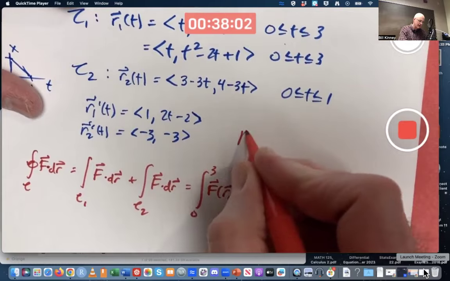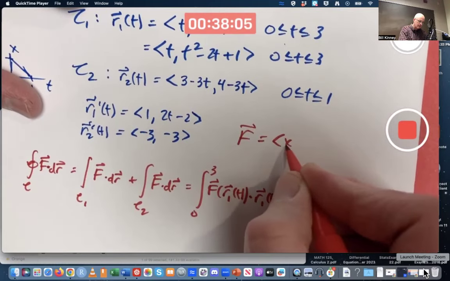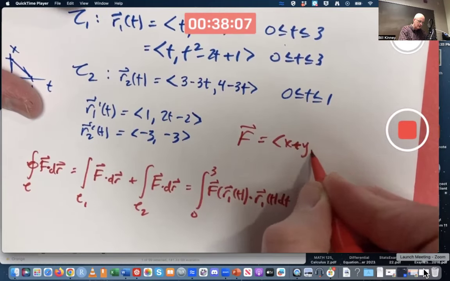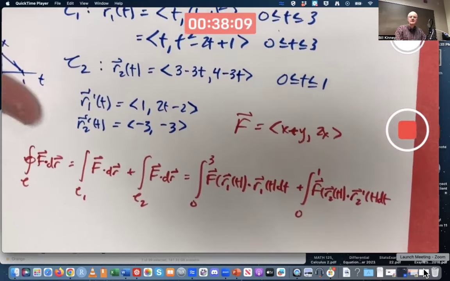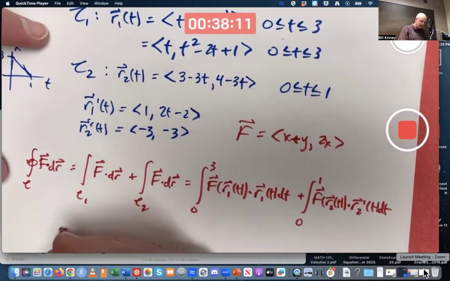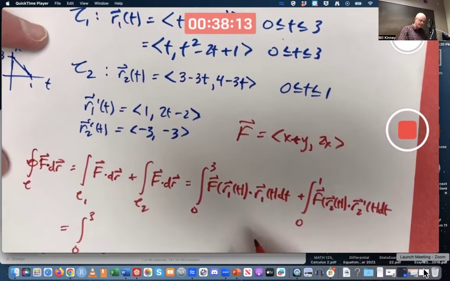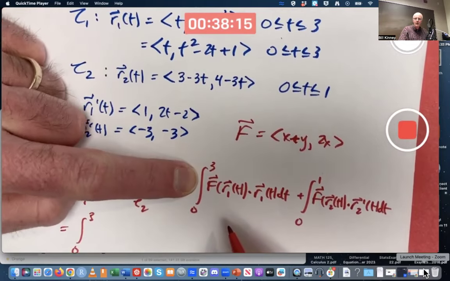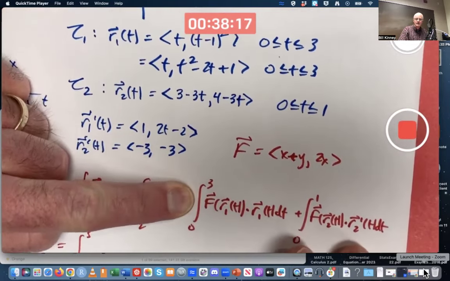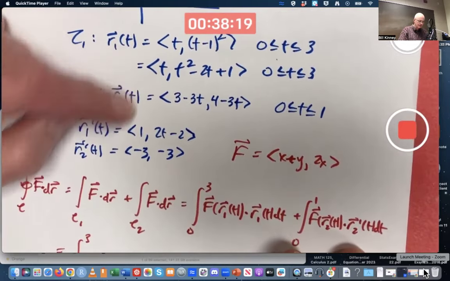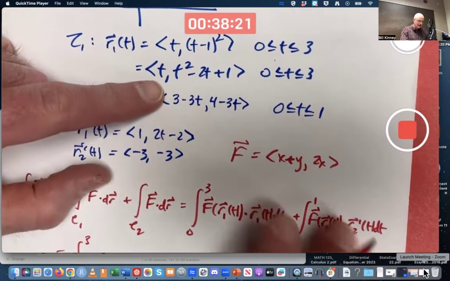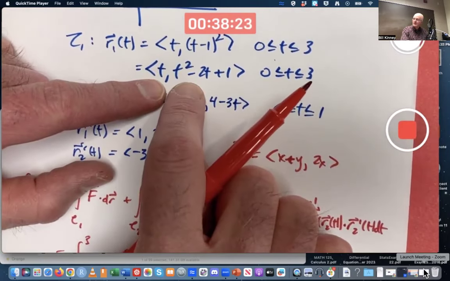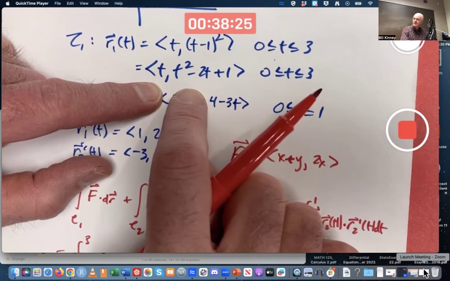Okay, again, f is x plus y, comma, 2x. So we're going to get the integral from 0 to 3 of f of R1, where's R1? It's right up here. I need to add x and y, the first and second components there.